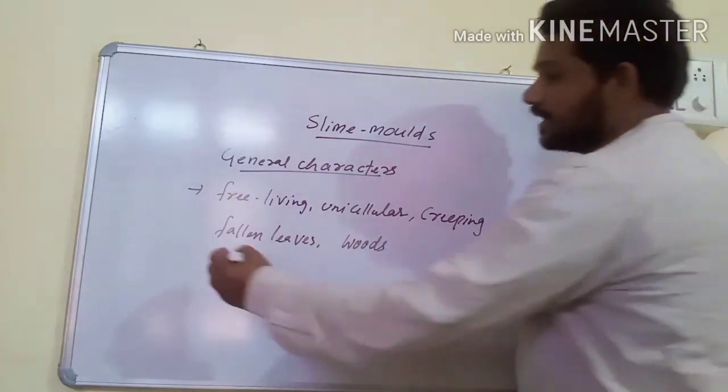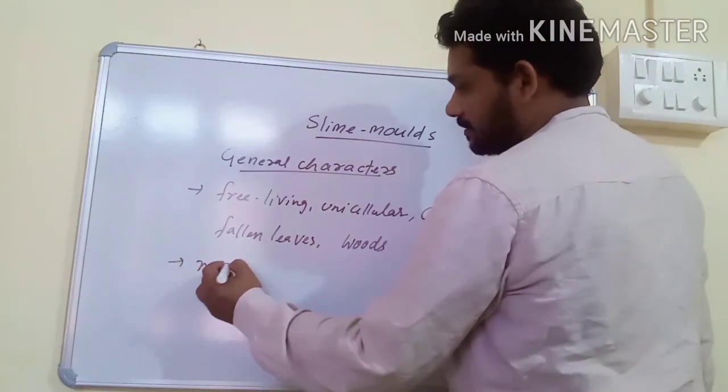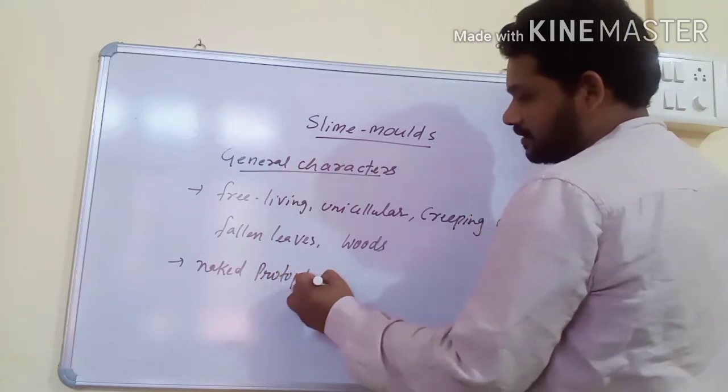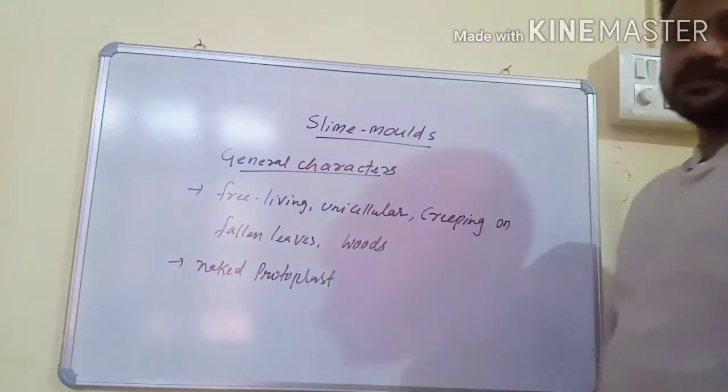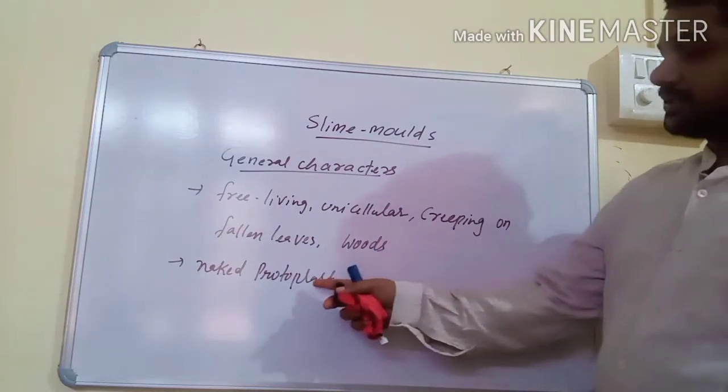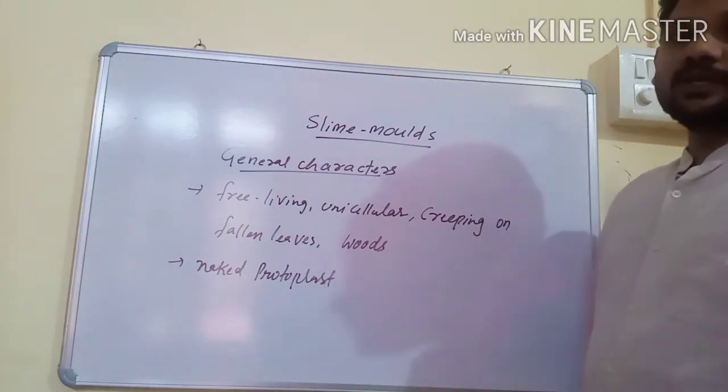They have a naked protoplast. Protoplast is the interior of the cell, so naked protoplast means the cell wall is absent.